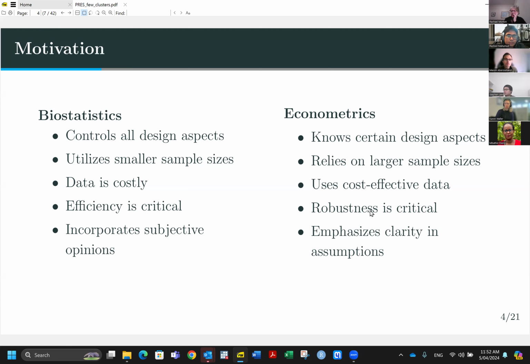For example, I know that there are some CRTs that run randomization in all European countries, and then you have like 100 clusters, 200 clinics with like 50,000 people. And actually in a setting like this, you probably can just use CV1. You don't have to use CV3.